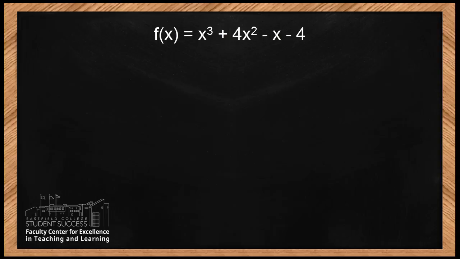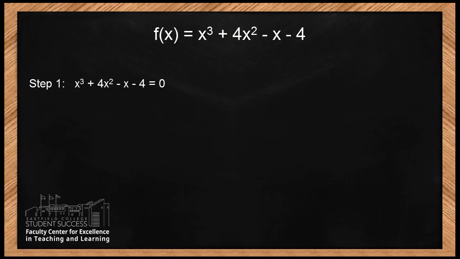So we'll take our function x cubed plus 4x squared minus x minus 4, and we'll set it equal to 0. Notice that in order for us to find the roots, we have to factor this polynomial function. As a hint, notice that the highest exponent of the function is 3.